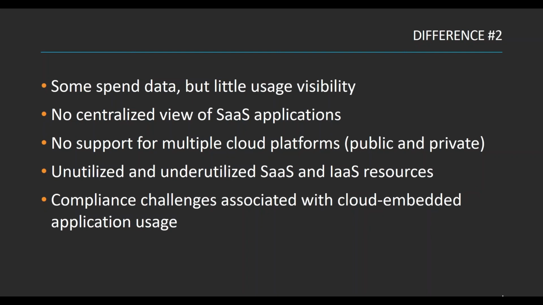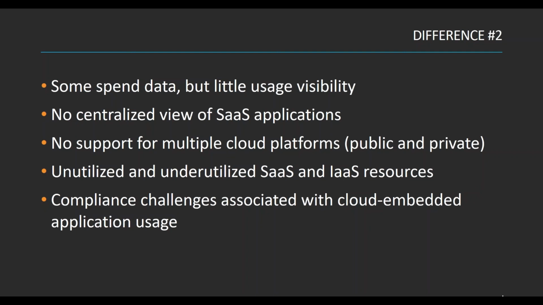The next is lack of centralized view. If each one of these SaaS applications has a portal, well, that's fine if I've got maybe one or two, but what about when I have 10 SaaS applications, or 20, or 50? Am I going to go to 50 different SaaS applications to get visibility into how I'm using them?